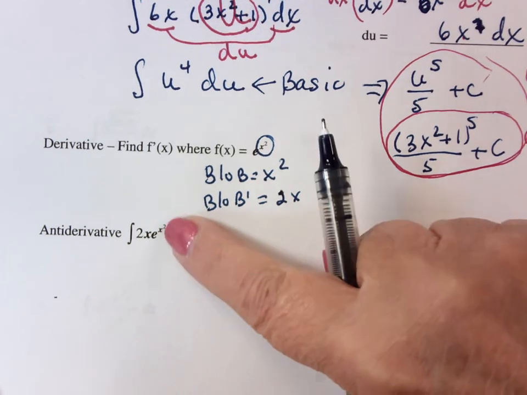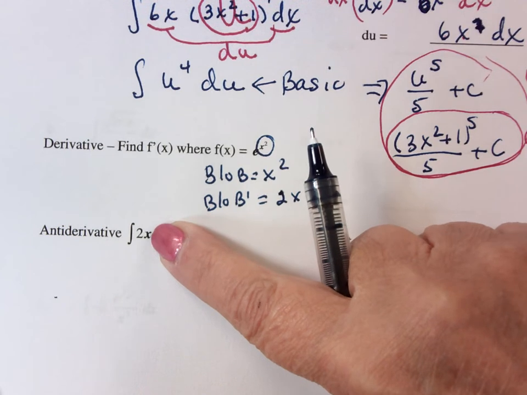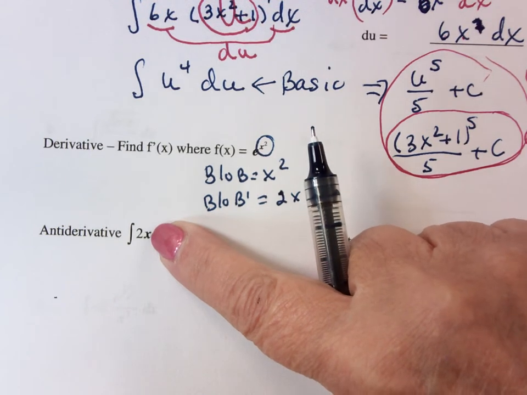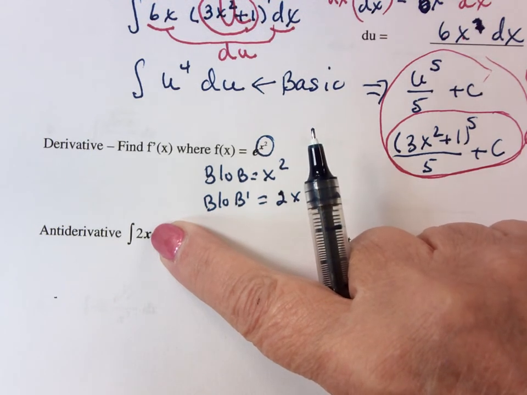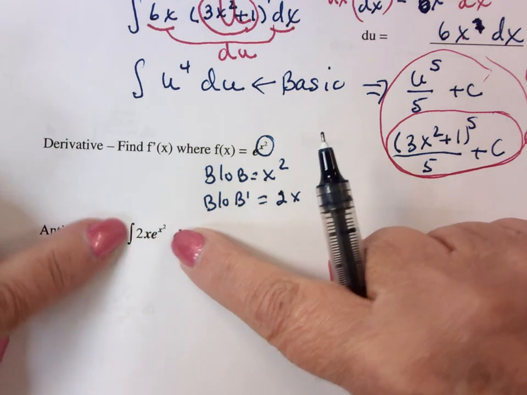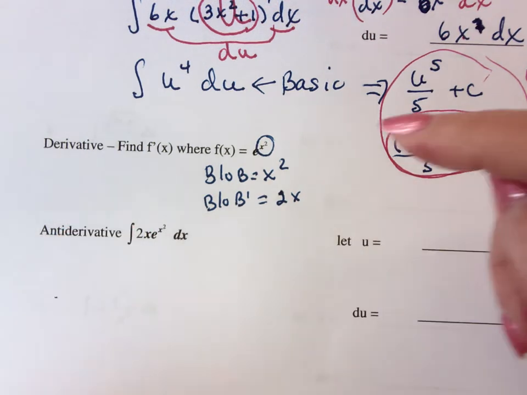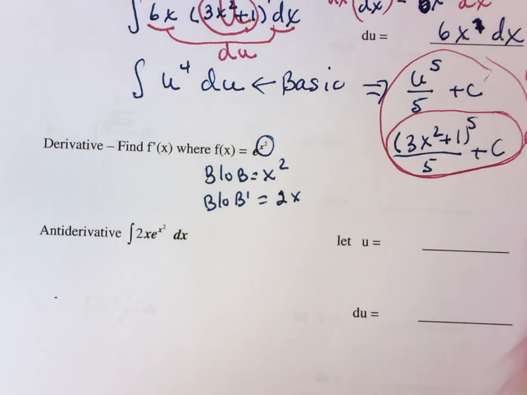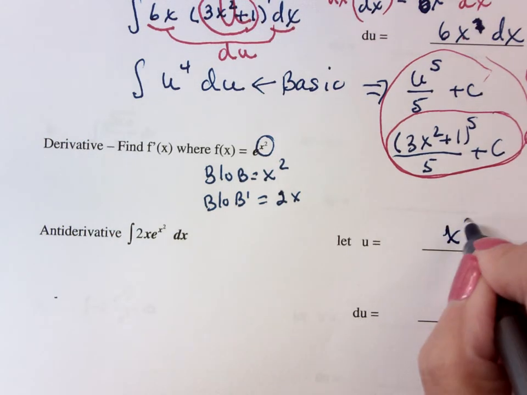So here is essentially what I'm saying is going to be part of the u thing, and what's not part of the u thing is 2x. That's your multiplier. That's chain rule. E to the blob, e to the x squared, the derivative of x squared is 2x. Chain rule. So that tells me that u is x squared.